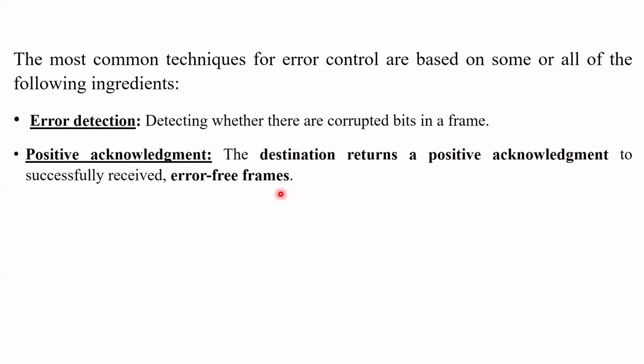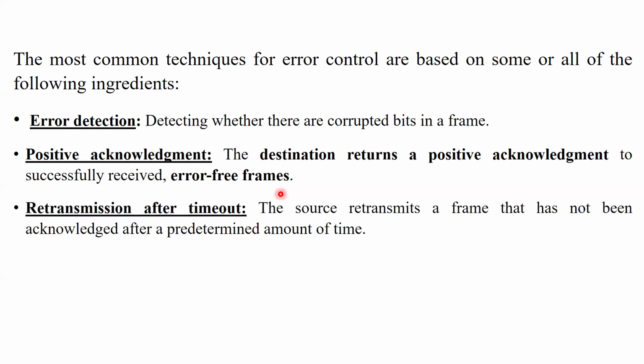The third one is retransmission after timeout. If the time is already up and no acknowledgement has arrived, the source retransmits a frame that has not been acknowledged after a predetermined amount of time.